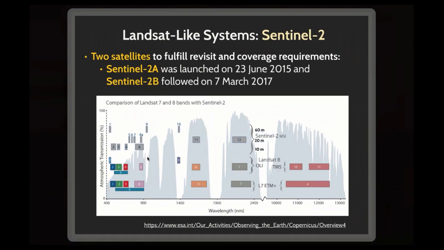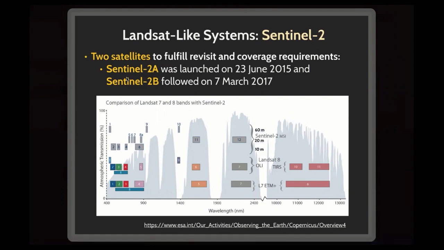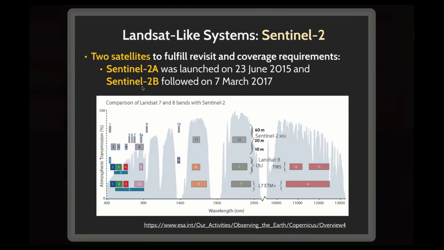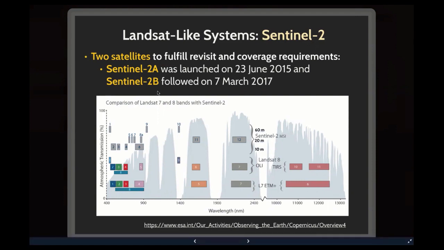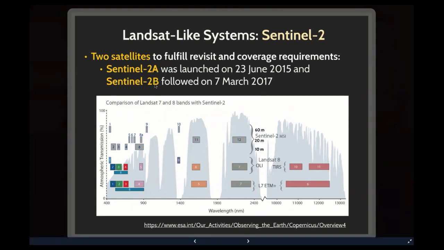First of all, I just want to make this clear. Only Sentinel-2 is the Landsat-like system, because Sentinel-1 is the radar system. So when you get data, make sure you don't get confused, because Sentinel-1 is radar, not optical. Sentinel-2, 2A and 2B, are both multispectral, optical image systems.